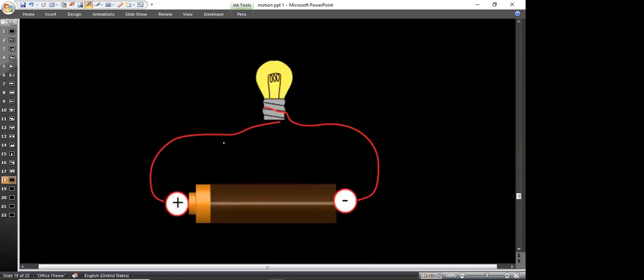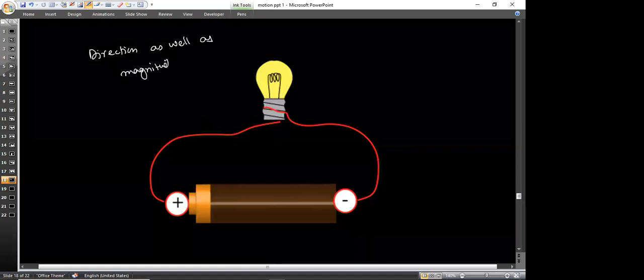But there is one problem. I'm saying to you that any physical quantity that has direction as well as magnitude is a vector quantity.